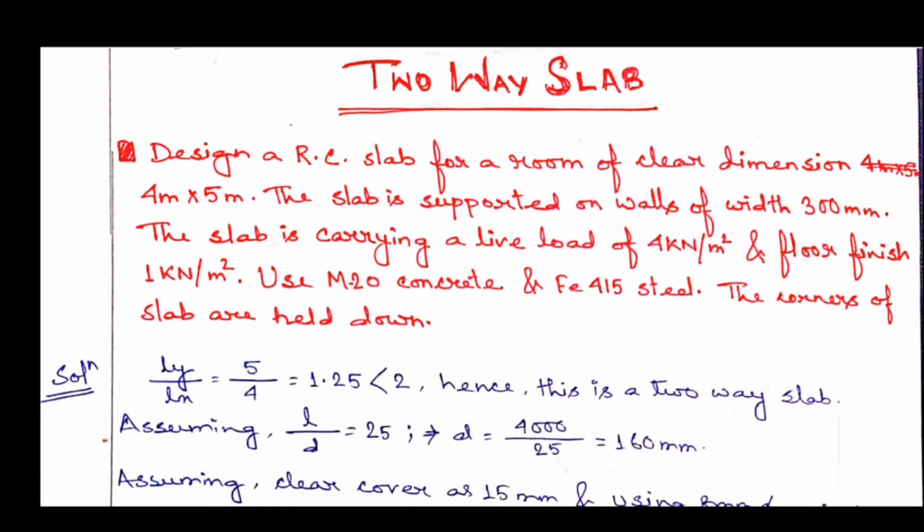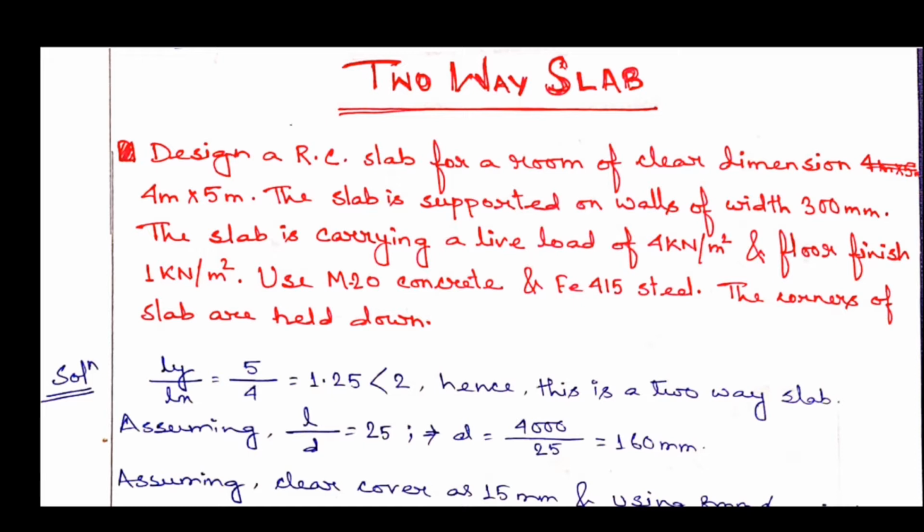Torsional moment comes in the corners, so in the corners torsional reinforcement has to be designed. For both the longer span and shorter span, we have to design reinforcement for the middle strip only, and for the 4 edges we have to provide edge strips as per IS 456-2000.